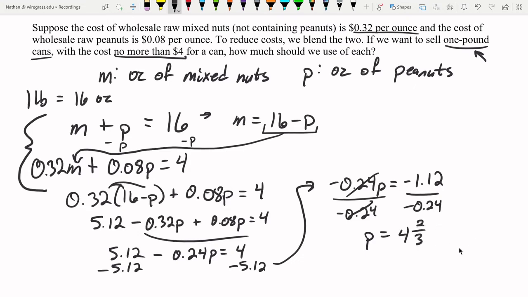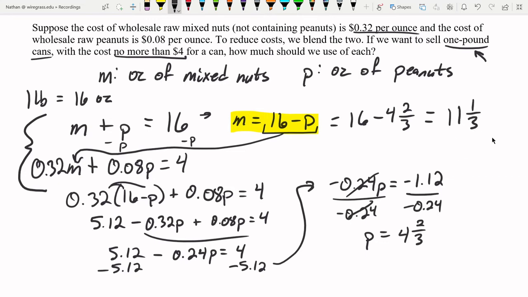I think it's a little bit clearer to say 4 2/3 since we're dealing with ounces rather than this repeating decimal. Well, if p equals 4 2/3, and we know that m equals 16 minus p, then that means m equals 16 minus 4 2/3, or in other words, 11 1/3.